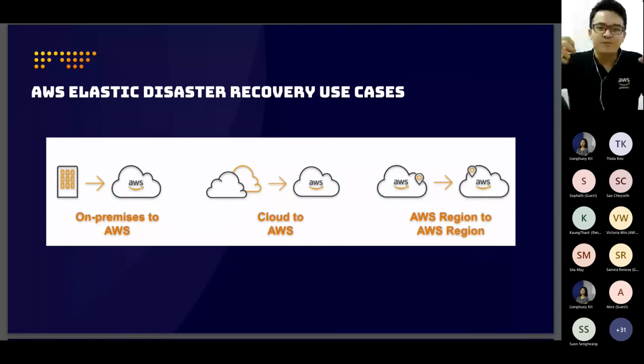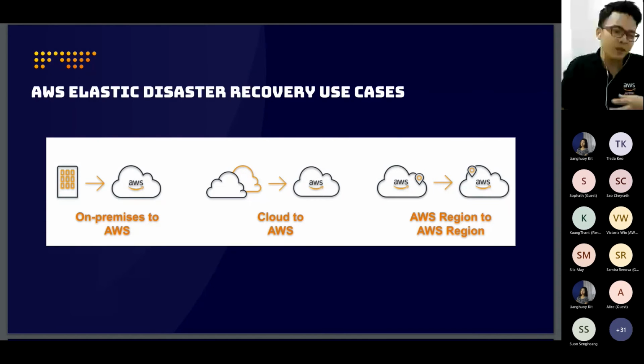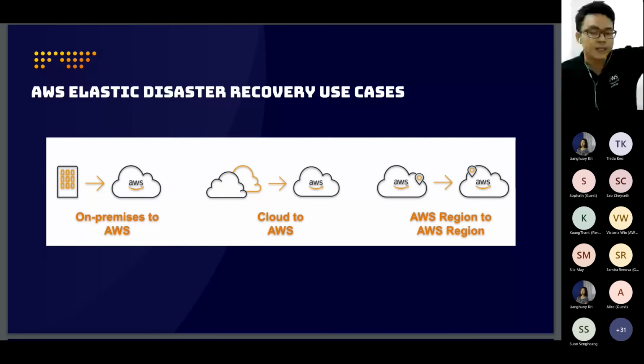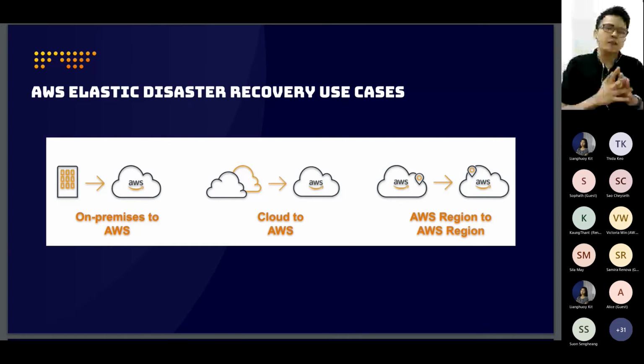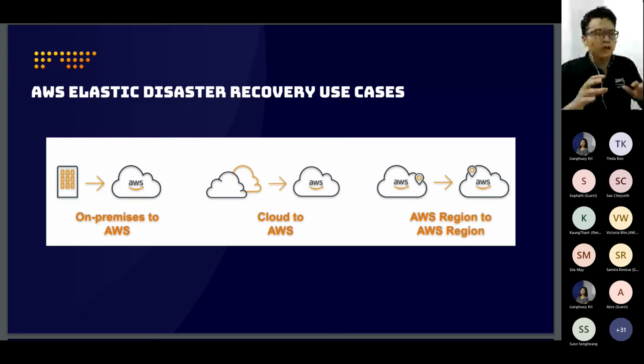For example, we would like to set up a DR and replicate from the on-premise DC to the cloud, or replicate from Azure to AWS, or from the AWS Tokyo region to the Singapore region. We can replicate anything from anywhere.